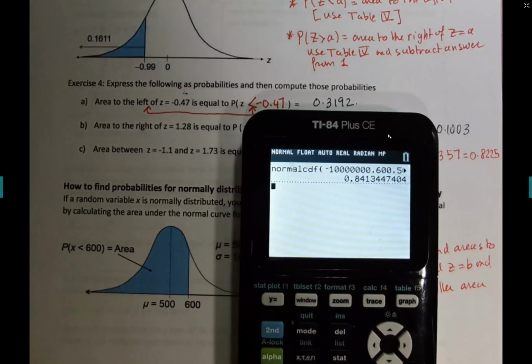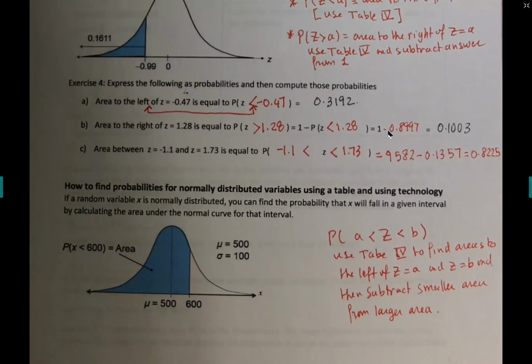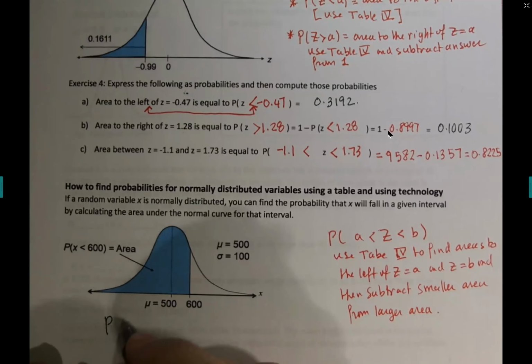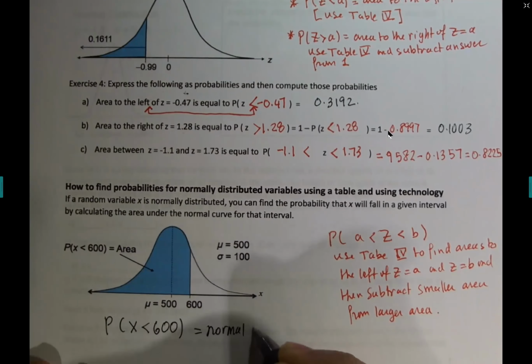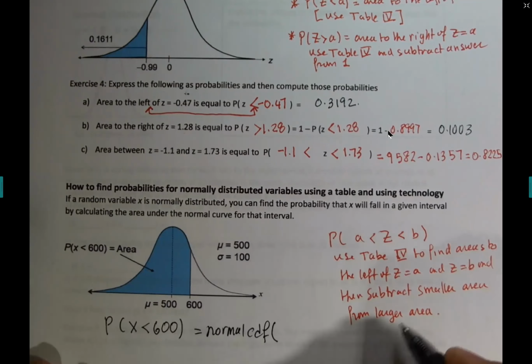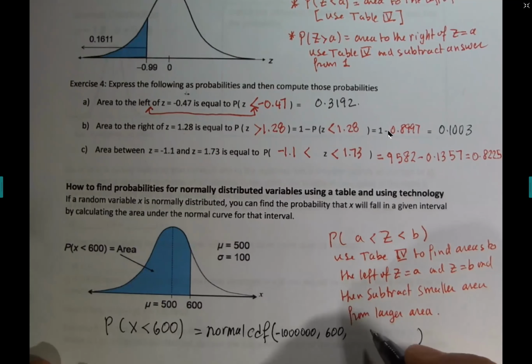And here's how I would like you guys to express this answer. If I ask you to show your work on an assignment, here's what I expect from you. You will write probability of X less than 600 equals normalcdf, and you will put the 4 arguments: negative 1,000,000 as the lower bound, 600 as the upper bound, the mean, and the standard deviation.